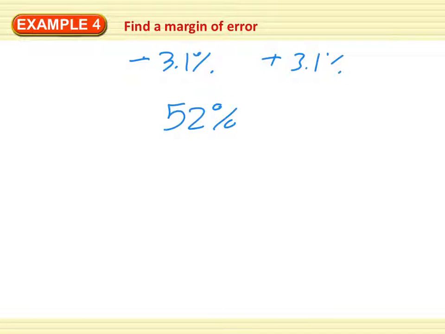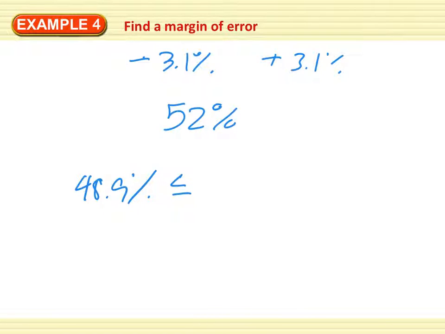Part B, to find the interval, we're going to subtract 3.1% and add 3.1% to the percent of people surveyed, okay? It was 52% said they liked television. So if we subtract 3.1%, we get 48.9%.